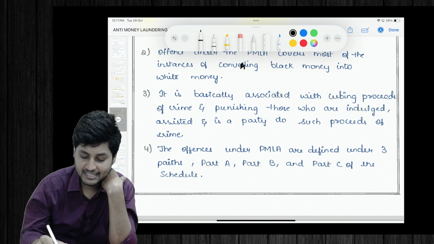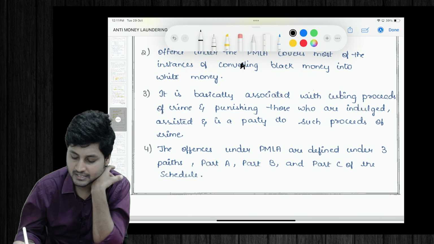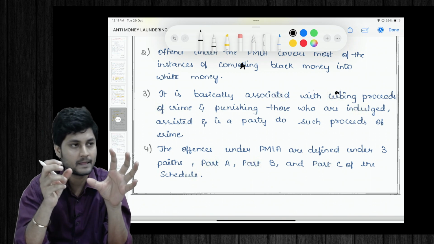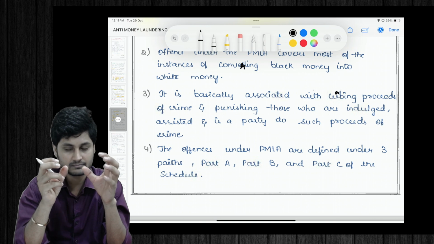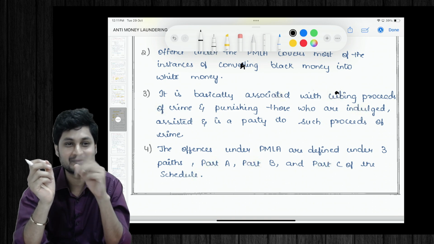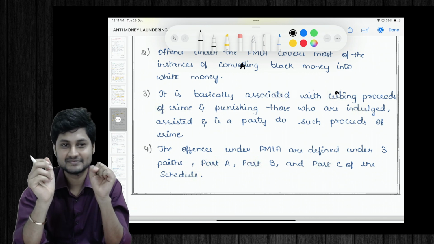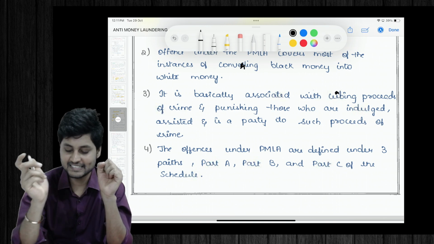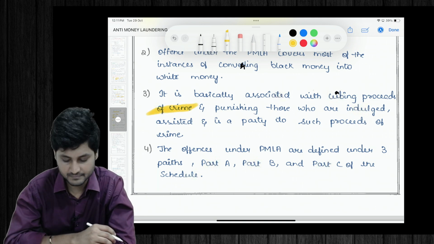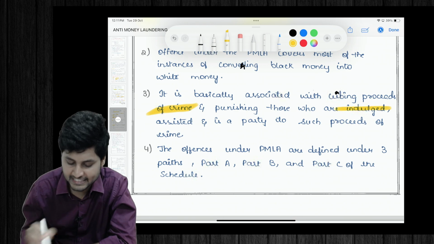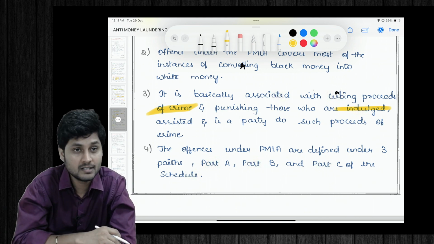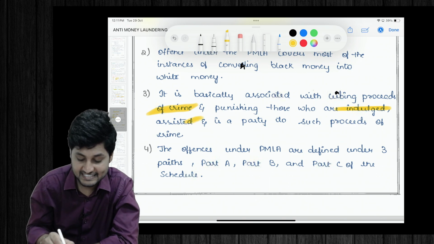Next one. It is basically associated with curbing. What is curb? Curb means restricting, minimizing, not clubbing. So it is basically associated with curbing proceeds of crime and punishing those who are indulged, assisted, and are a party to such proceeds of crime. Indulged means involved, participating, doing the activity. Assisted means helping.